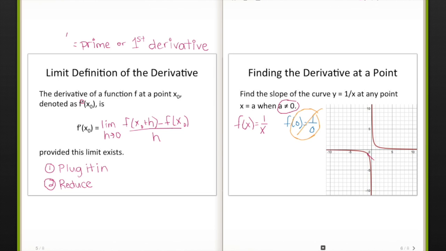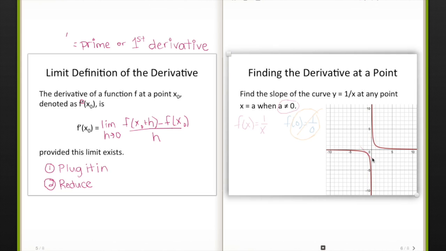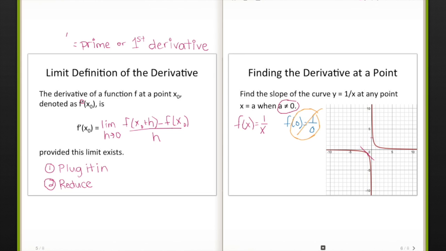And if you look at this graph, you can see that there is no clear x value for 0. Now a could really be any other point besides 0. So if we are trying to find the tangent lines, we're trying to find a line that touches the curve in one exact spot.